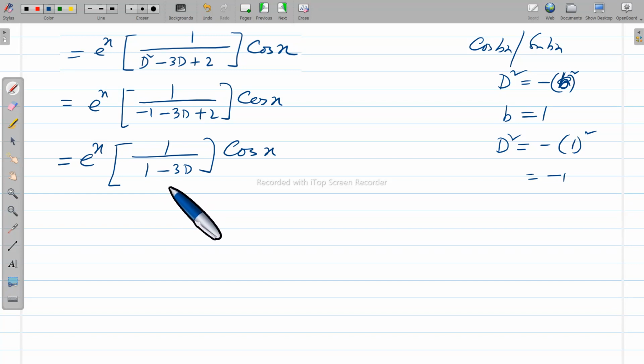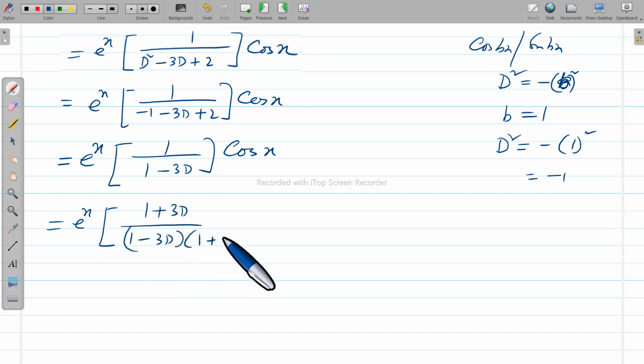Then what you do, from the previous video, already you know how to solve sine cosine type problems. Yes, anyone, can you please tell me what will be the next step? Anyone, please write in chat box. Yes, absolutely perfect. Rationalization. First, you rationalize this. So it will be e to the power x, 1 into 1 plus 3d by 1 minus 3d into 1 plus 3d.